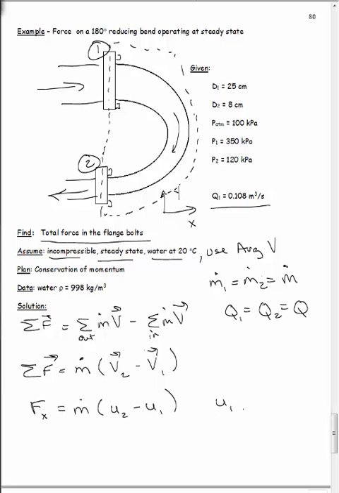u1, okay, it's going in the positive x direction. See, I have positive x as my coordinate system down here, so that's going to equal positive q over A1.